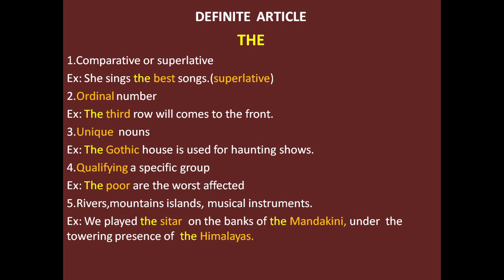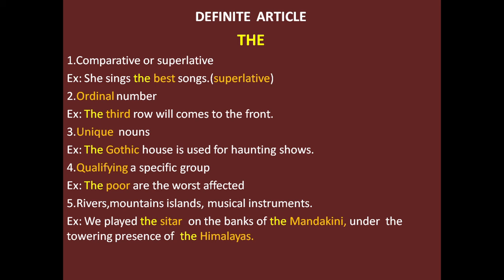You don't find it anywhere. The Gothic house. Then for a specific group, you use, like a collective, a quality. The poor, the rich, the political class. When you are referring to a specific group as one, you use the definite article.